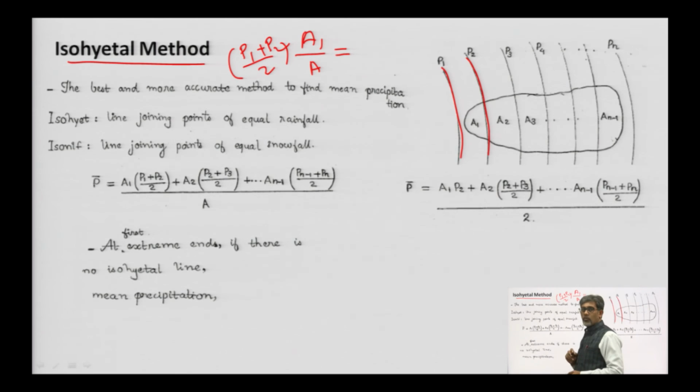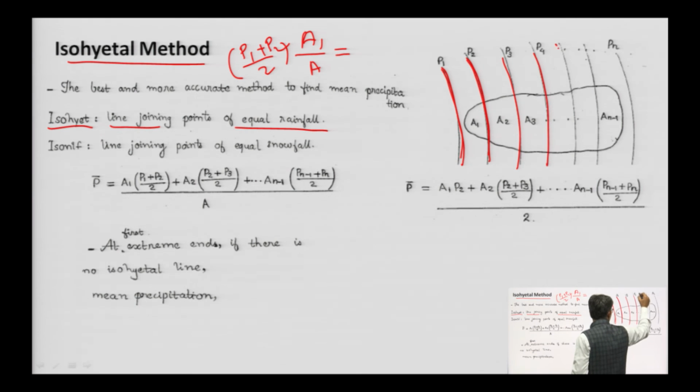So, what we are doing in this procedure, the entire area is divided in terms of the precipitation. Isohyets are the lines joining points of equal rainfall. Say P1, P2, P3, P4, P5, P6 and so on.